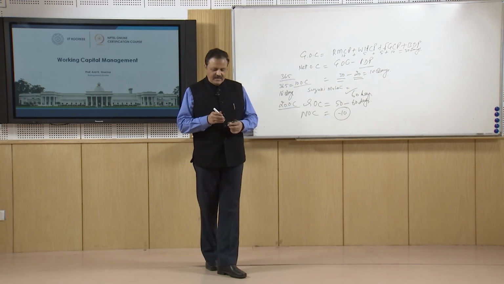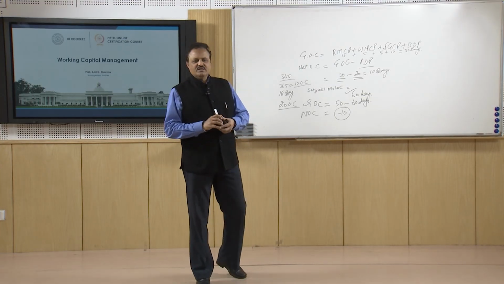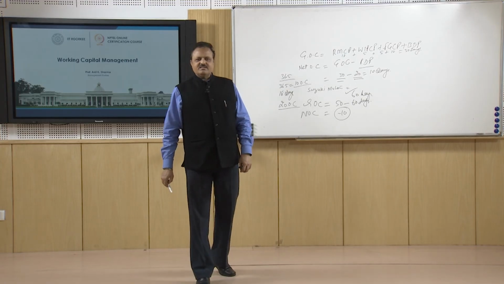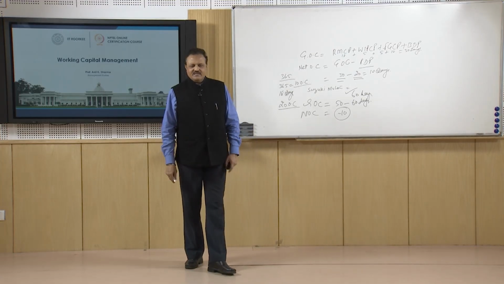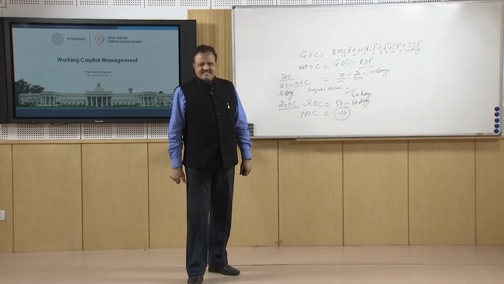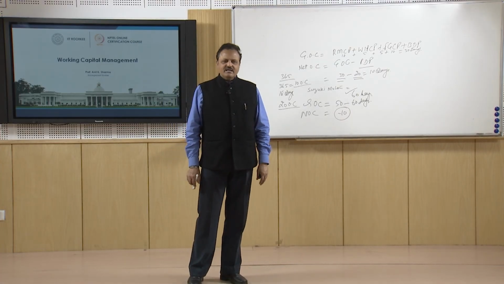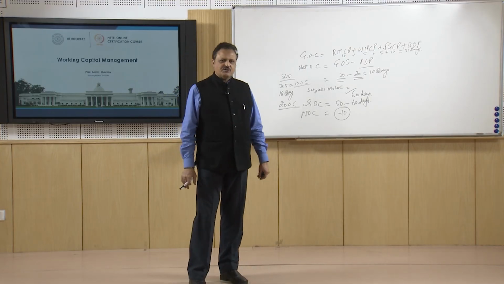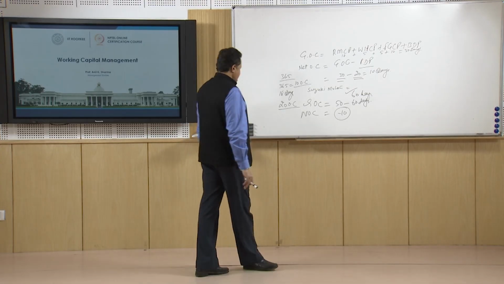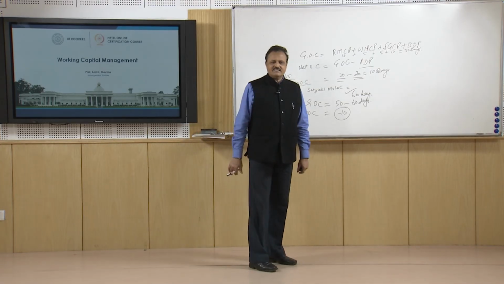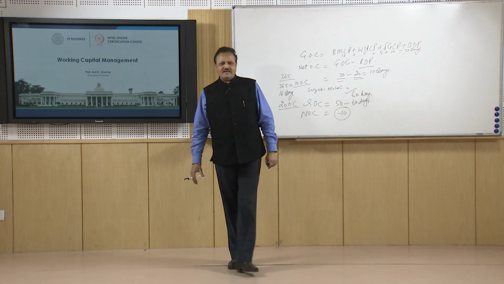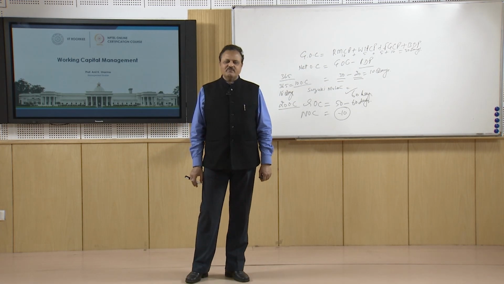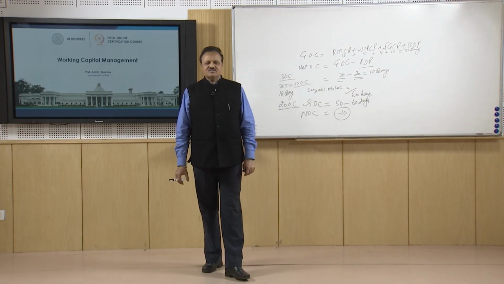So, ultimately we have to shorten the operating cycle, we have to speed up the manufacturing process, so that the company is able to do the maximum business, maximum production and maximum sales in the market. But the length of the operating cycle depends on many factors. It is not always in the hands of the company. Sometimes the manufacturing process requires a minimum time.